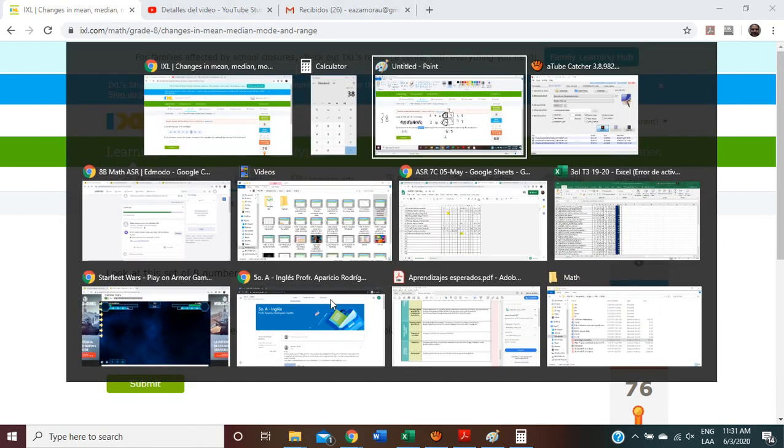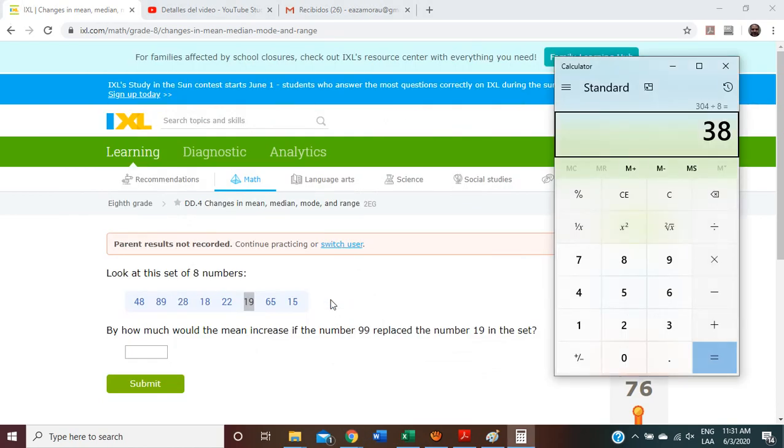To the number that I had before, which is 304, I am going to subtract 19. So I only have these numbers, and I don't have the 19 included in this addition.